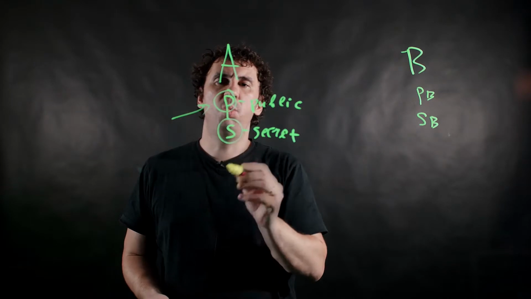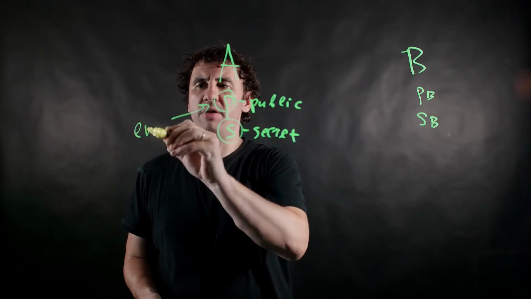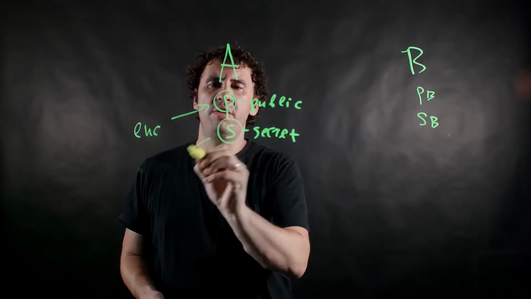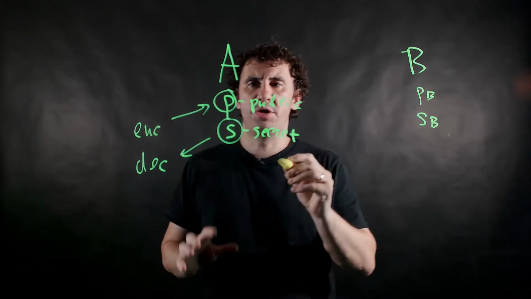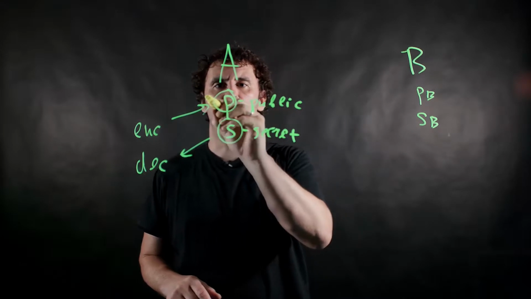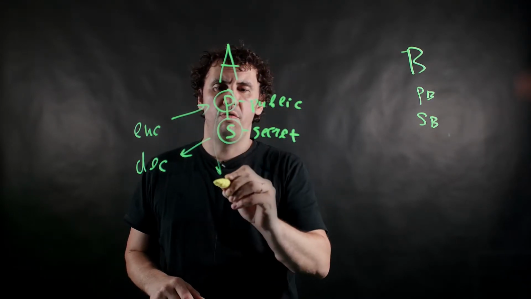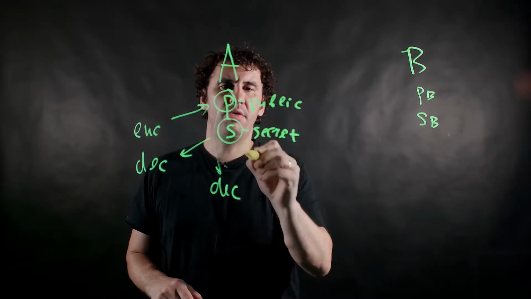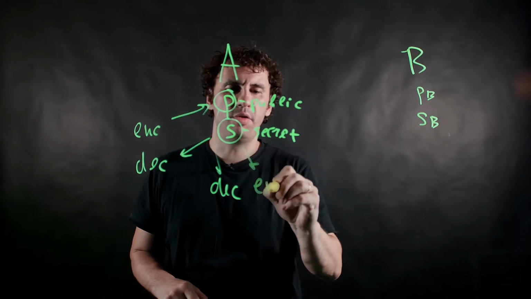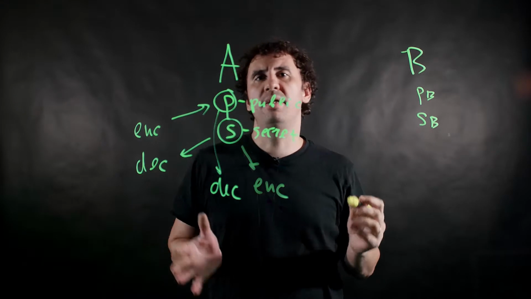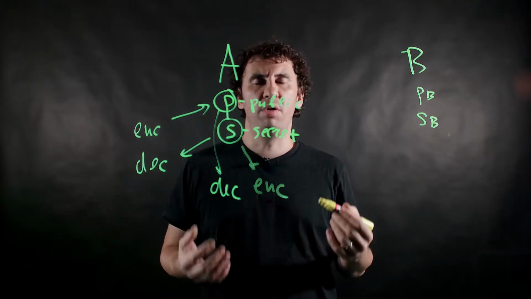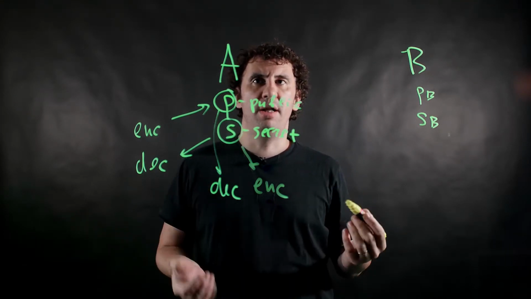For example, if one key is used for encryption, then the secondary key is used for decryption. And vice versa. For example, if the public key is used for decryption, the secret key can be used for encryption.